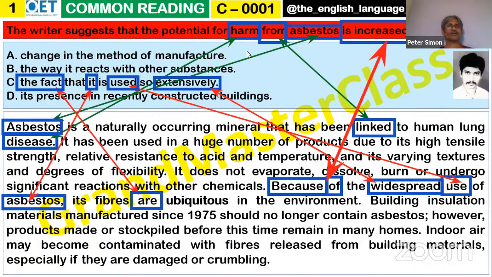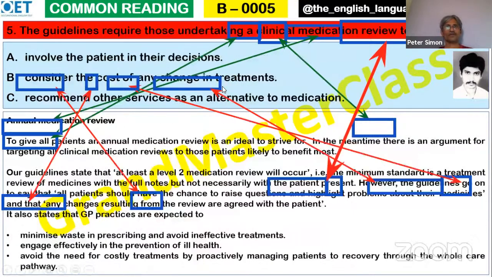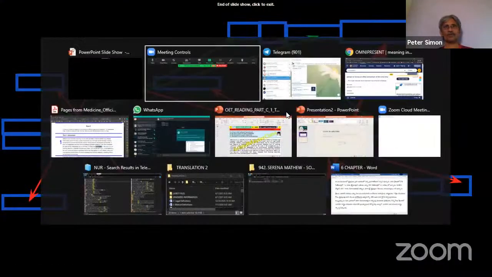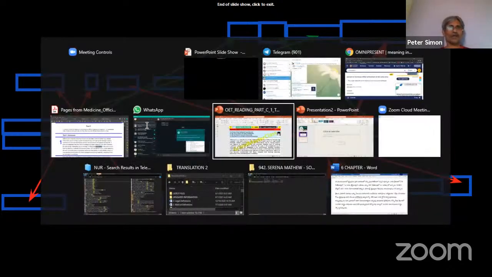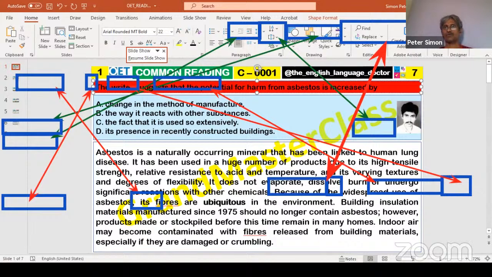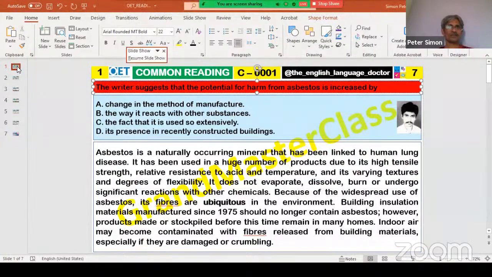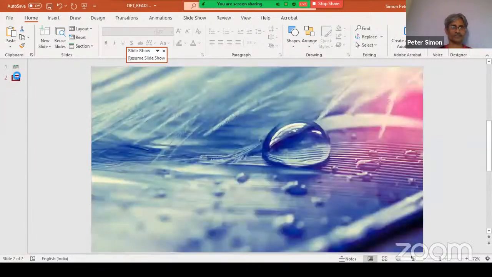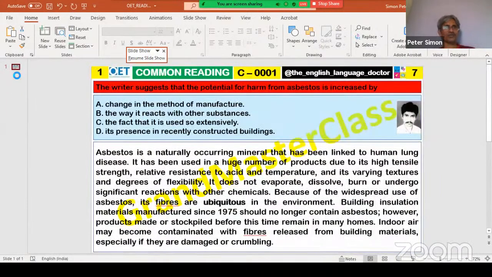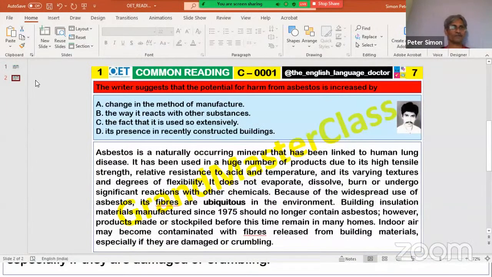Okay. Now coming to the next question. So clear all drawings. This is number 1. Okay, Control C. Number 2.